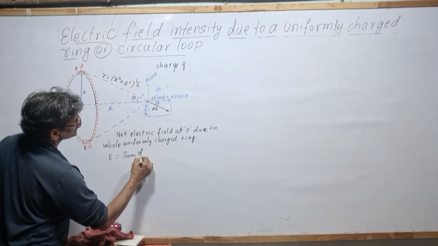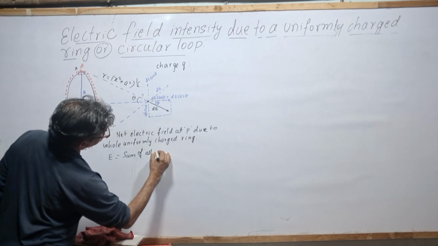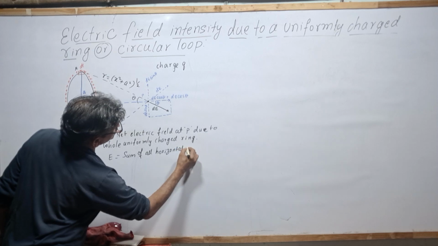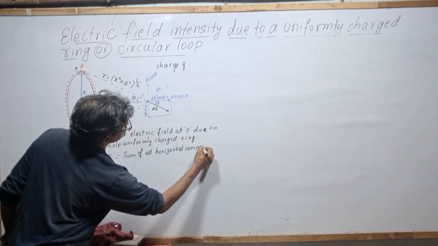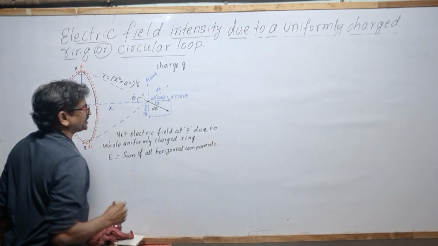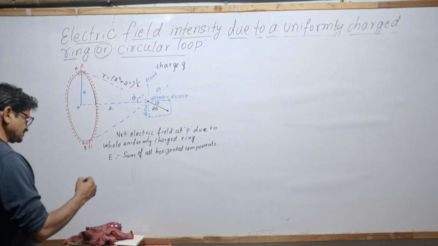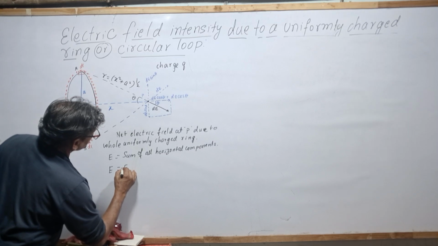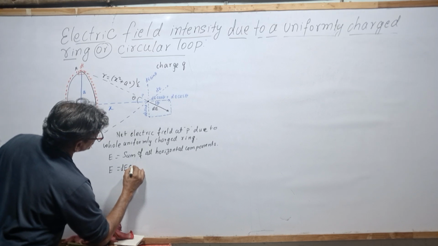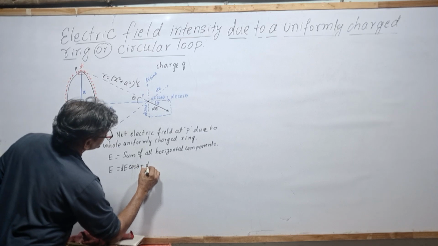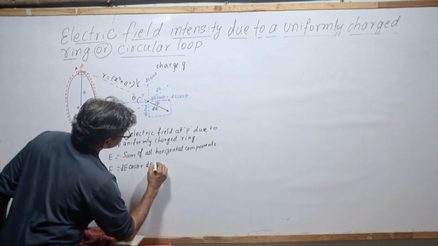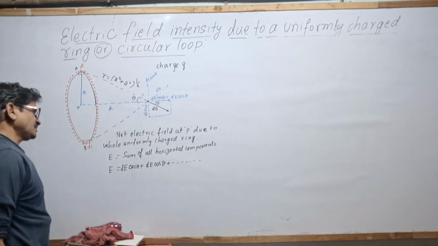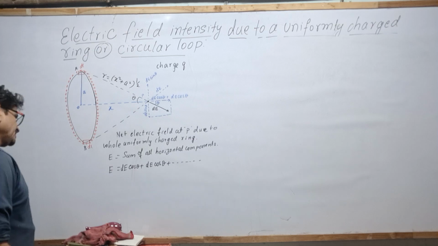the sum of all horizontal components. So we can write dE cos theta plus dE cos theta, and similarly many more, n number of them.